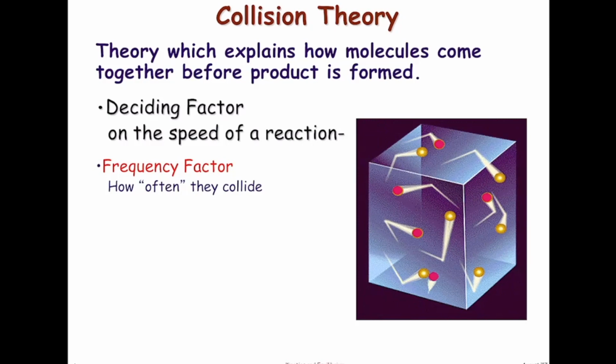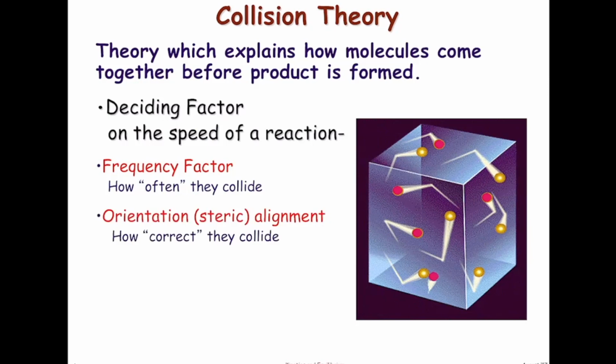But if you take that same sugar cube and smash it into thousands and thousands of pieces, now all the sugar molecules are exposed to water, and that will dissolve faster. So there are more collisions. The surface area is greater when you smash it, so you have more granules exposed to the water as opposed to a sugar cube. So that again is a factor in terms of collision frequency.